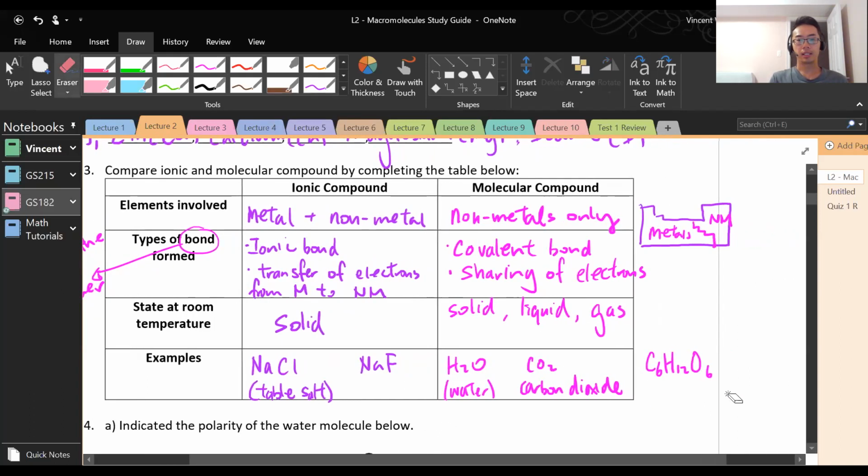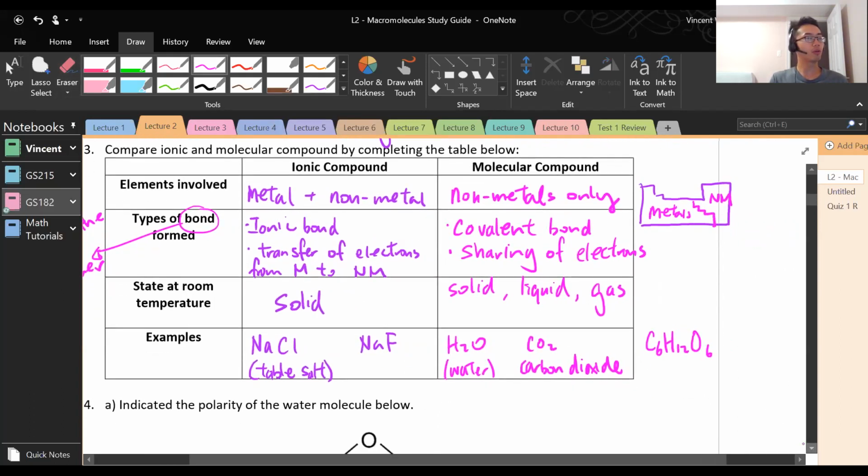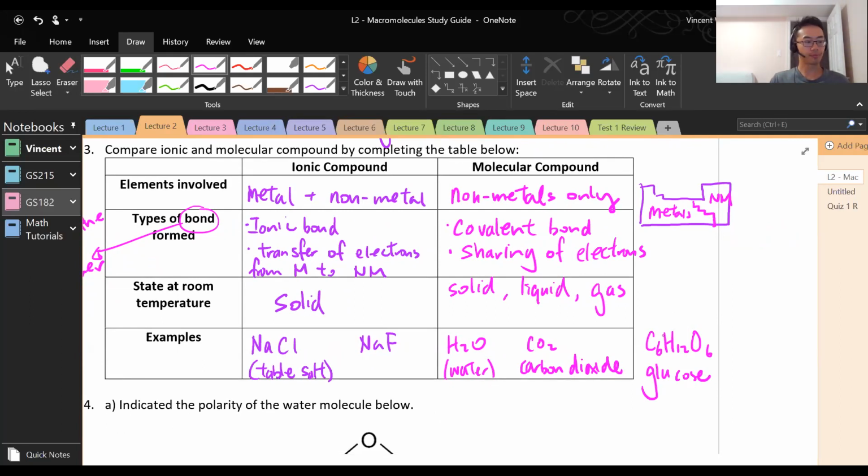Anybody took biology before, or you remember reading about it? What is that? Sugar? That is sugar. Very good. The fancy word for sugar, glucose. Yes, glucose, exactly. Okay, so these are examples of molecular compounds.